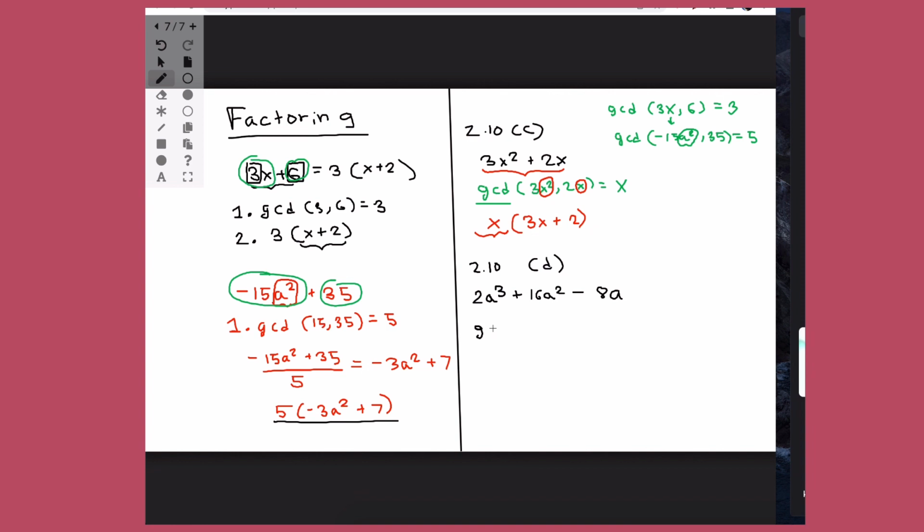But once again, we can just proceed by finding the GCD of all 3 terms. So the GCD of 2a cubed, 16a squared, and minus 8a. Can everyone tell me what the GCD of these 3 terms would be? Yeah, it would just be 2a, right?